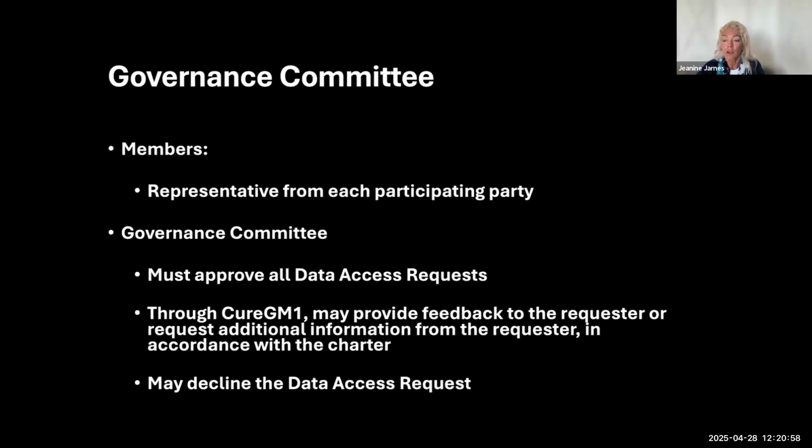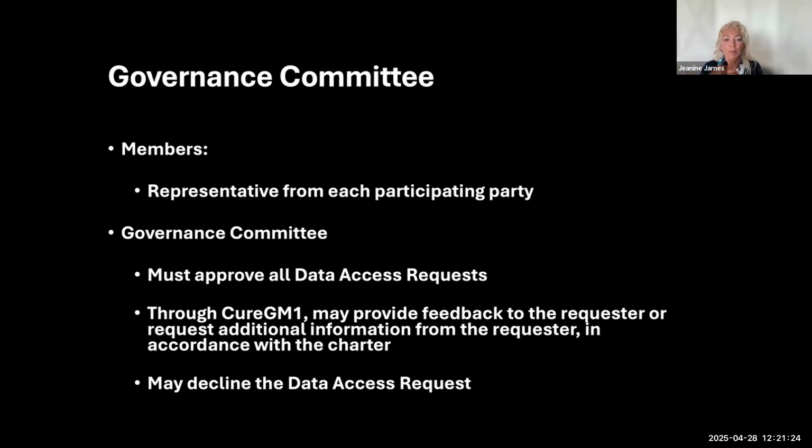The governance committee, according to my understanding, has a representative from each data contributor, and a representative from each stakeholder in this collaboration, whether it's pharma, the patient advocacy group, and C-Path. And all data requests must be approved by the governance committee. So again, at least I have a say in what happens.